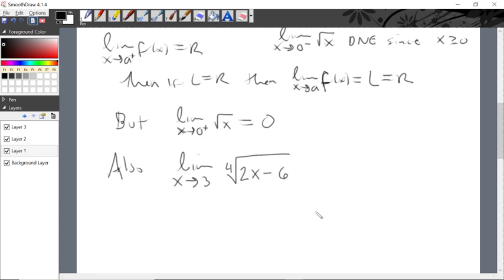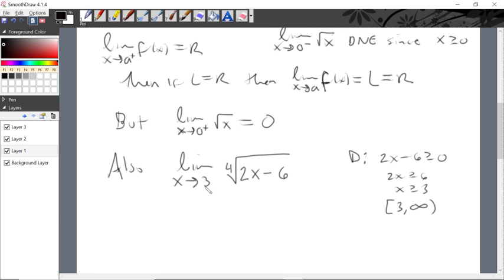Well, the domain for this function is what? 2x minus 6 is greater than or equal to 0. So that means 2x is greater than or equal to 6, so x is greater than or equal to 3. In other words, we have the interval from 3 out to infinity.